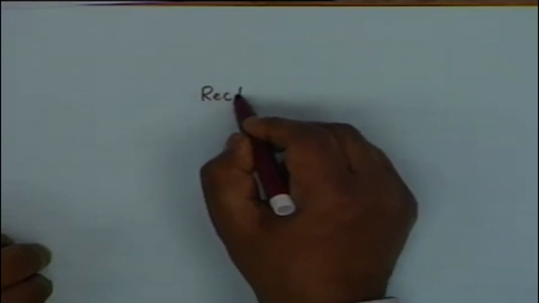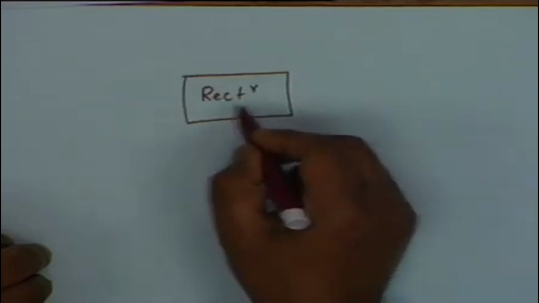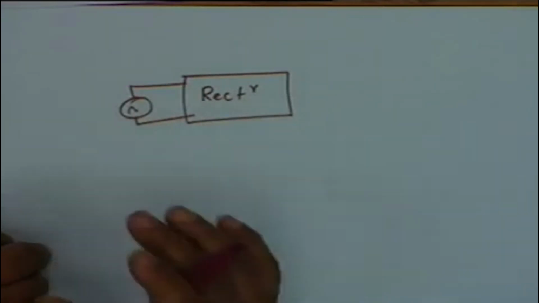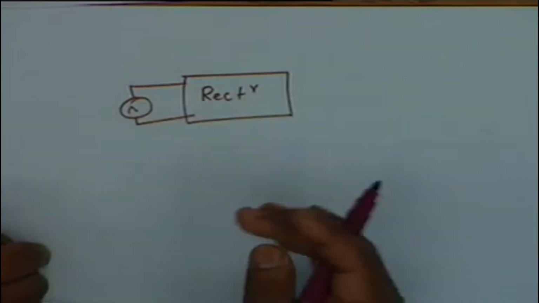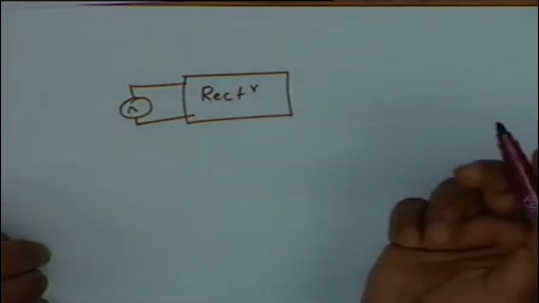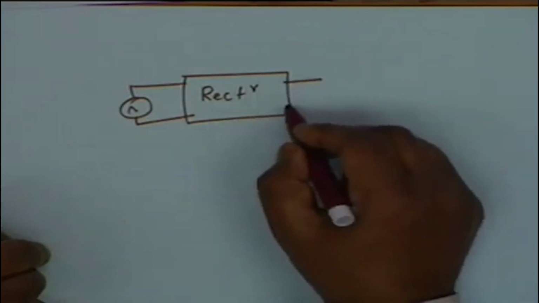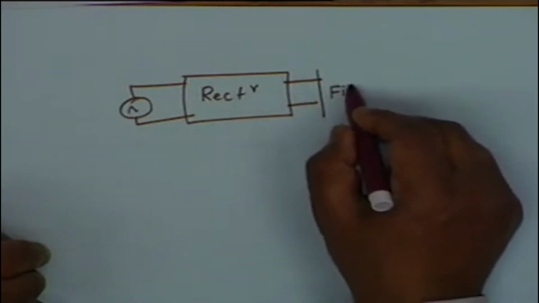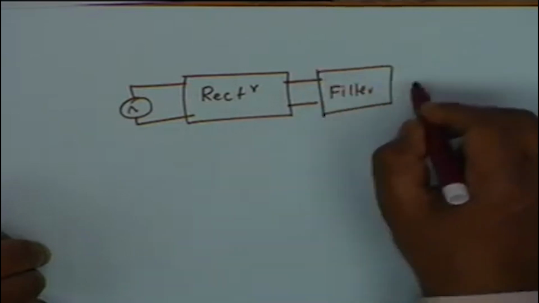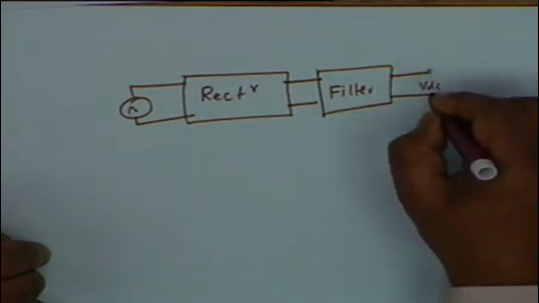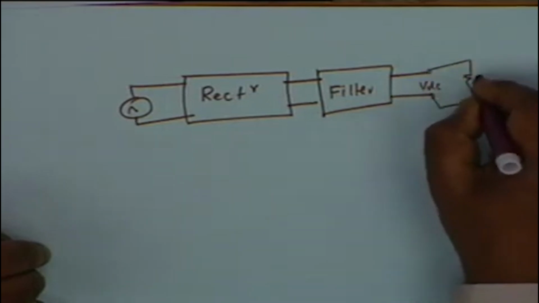The motivation is this: if you want a DC power supply, you take an AC, transform it step up or step down, subject it to rectification, half wave, full wave, bridge or the other type. Then, to kill the ripples, you use a filter, you smooth out, and the output should be pure DC. This is VDC, and then you apply it to the load, let us say RL.